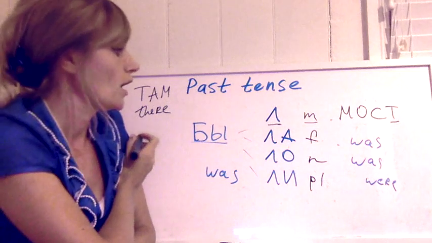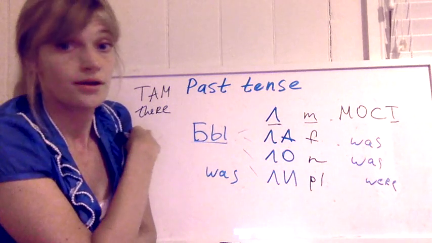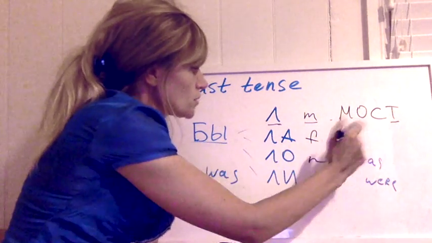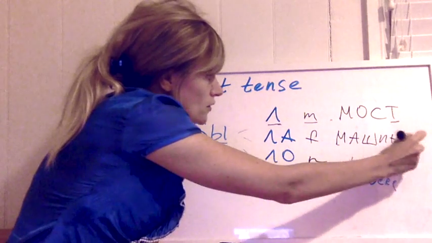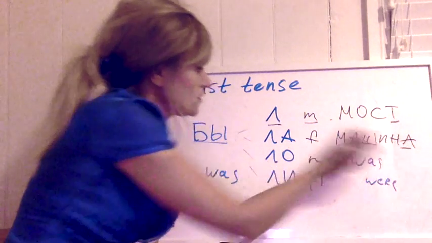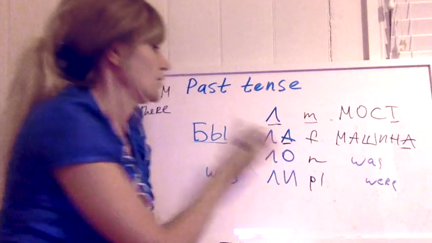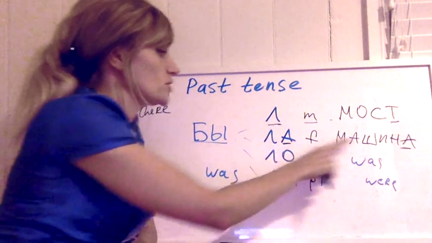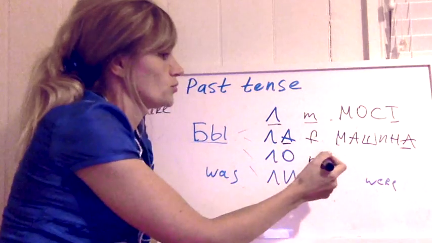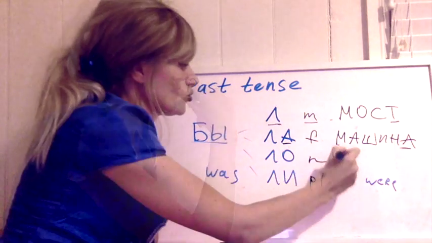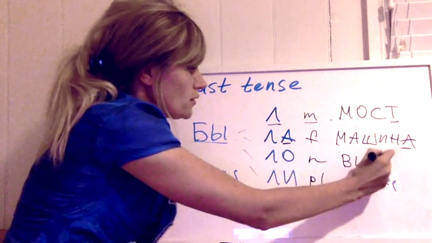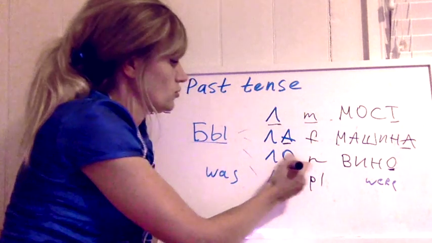Good. There was a car there. Car is машина. Машина, ending on A, feminine gender. Feminine here. Там была машина. Neutral. There was neutral. Вино. Wine. О.